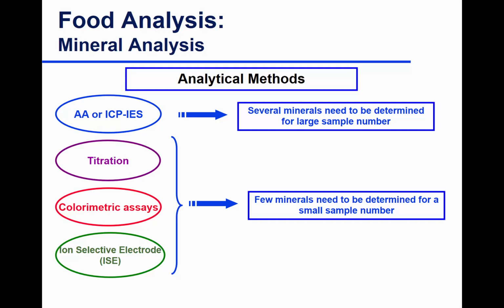There are simple ways to do it. Titration, colorimetric assays for phosphorus, for example, titration for calcium and NaCl, salt, and ion selective electrodes where you can measure some ions such as salt as well. Instead of a pH meter, it would be an ion selective electrode.